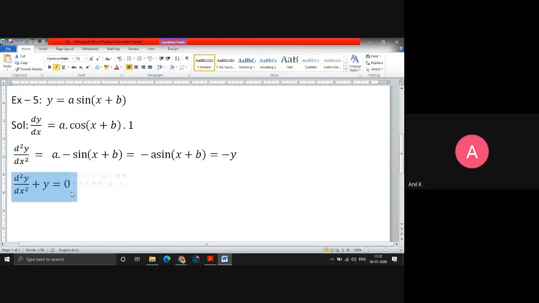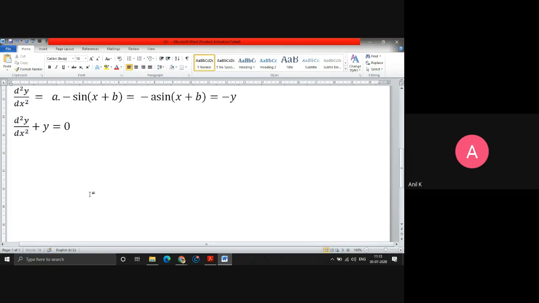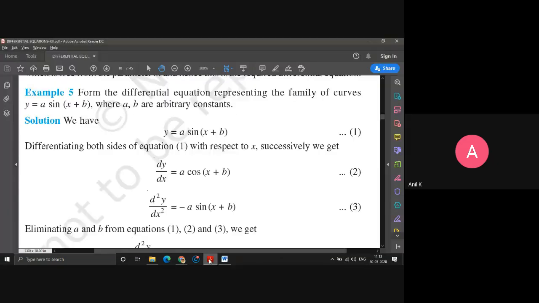Those arbitrary constants I have to remove anyhow. Your final differential equation is in terms of d squared, d cube, or d to the power of 4, or in terms of y, but it cannot be in terms of arbitrary constants. Okay, so we'll move to the next example.